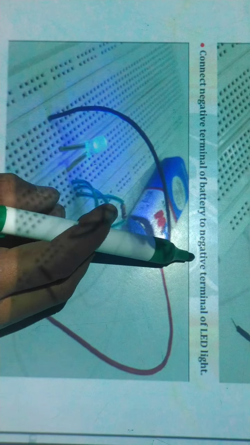The next procedure is to connect the negative terminal of the battery to the negative terminal of the LED light. Then your LED will glow. Now our parallel combination circuit is ready. Okay, so this is the circuit for your parallel combination. Clear?